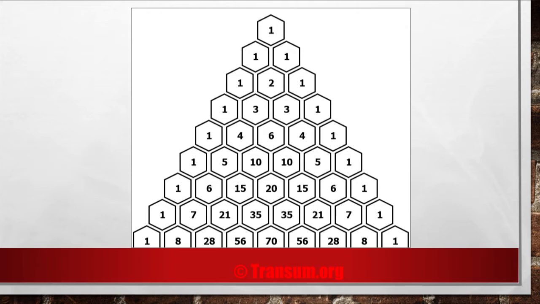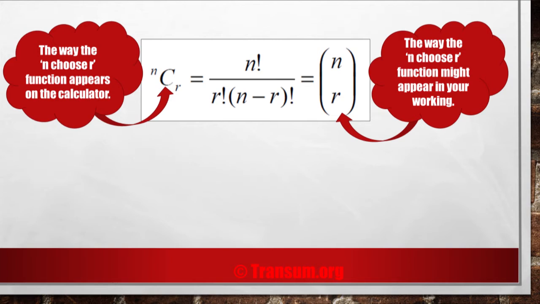Now, there's also a formula for calculating each coefficient. So rather than writing out the whole of the triangle for maybe some big numbers, you can actually use this formula for calculating the coefficient, where n is the power that you're raising the two terms to, and the letter r is the number of the term in the expansion, remembering the first one is term 0.